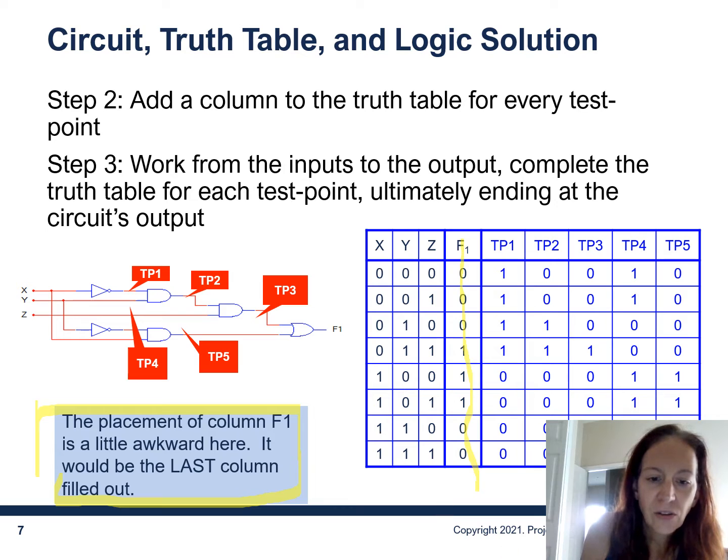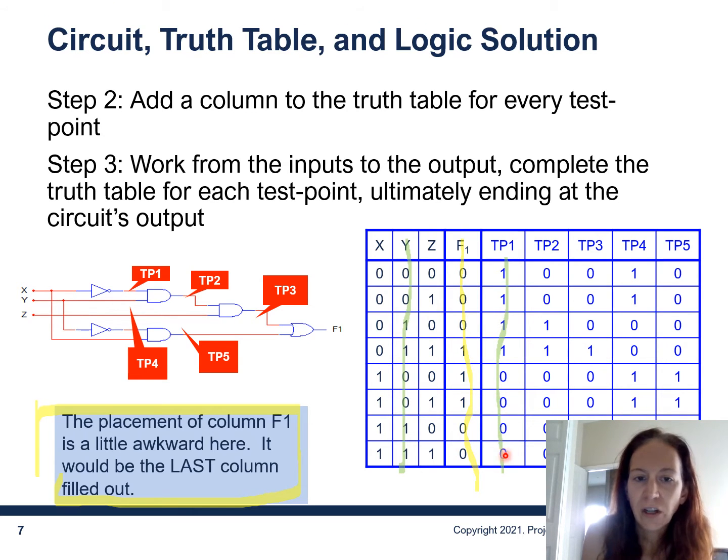And so let's look at this. The inputs are Y and test point 1. So right here, Y is, well, actually, this is how I would do it. Test point 1 is low in all of these.